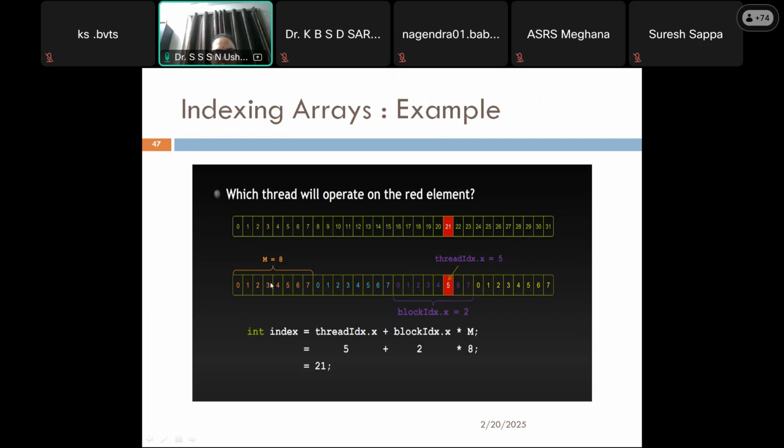You need to count from 0 only: 0, 1, 2, the third one. So into the width, which is 0 to 7, that means 8 threads are within the block, so the m value is 8. So 21 is the index. If you start from 0, it will be 21.